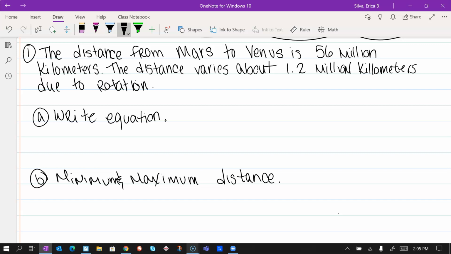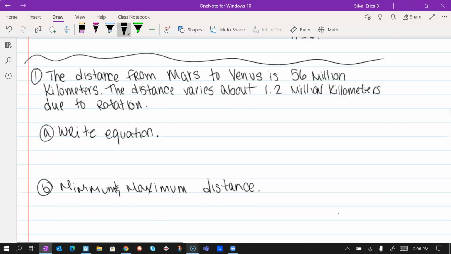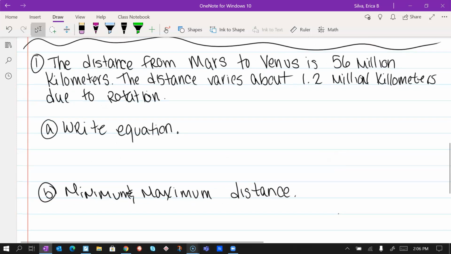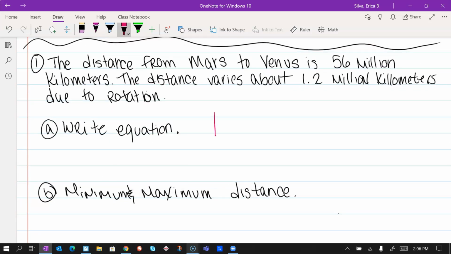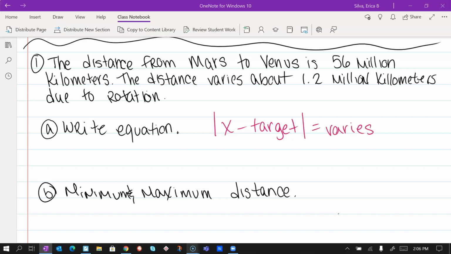The only things that we're going to substitute are our target and our varied amount. The x will be the actual value, what we're going to solve for, and we'll see that in a bit. So if you want to start solving it or writing the equation, I'm going to give those of you that are writing more time. Write the equation that we wrote, and if you get it wrong, you can just put a line through it.